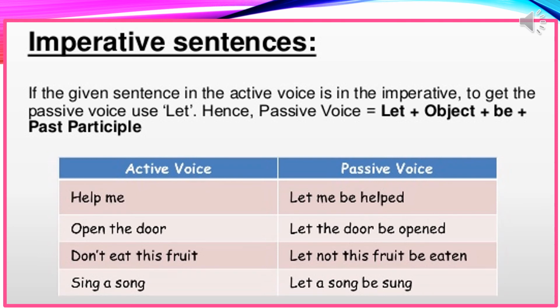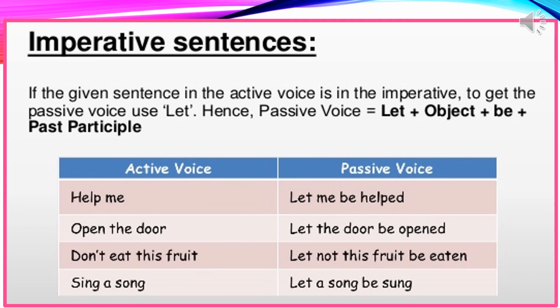So remember, if it is a request, you can use you are requested to. Then if it is an advice, you can use you are advised to. You know that imperative sentences change based on the tone. It can be a request, it can be a command or an order, or it can be an advice.